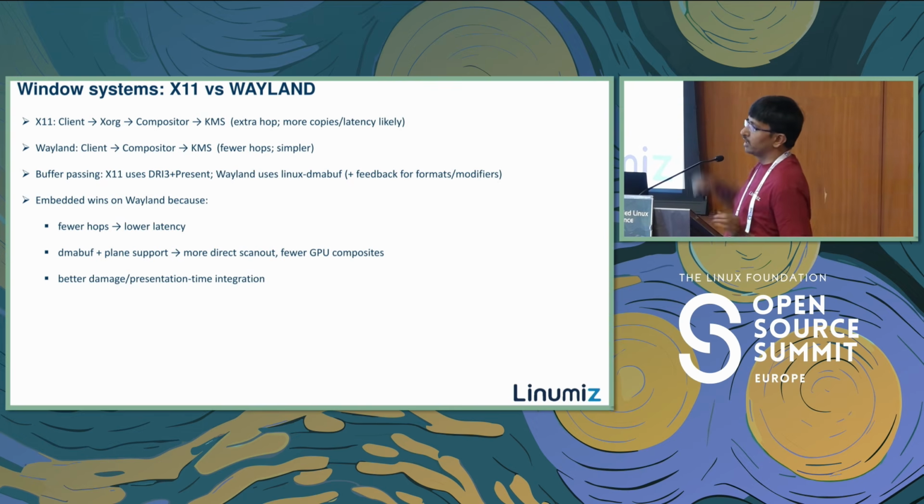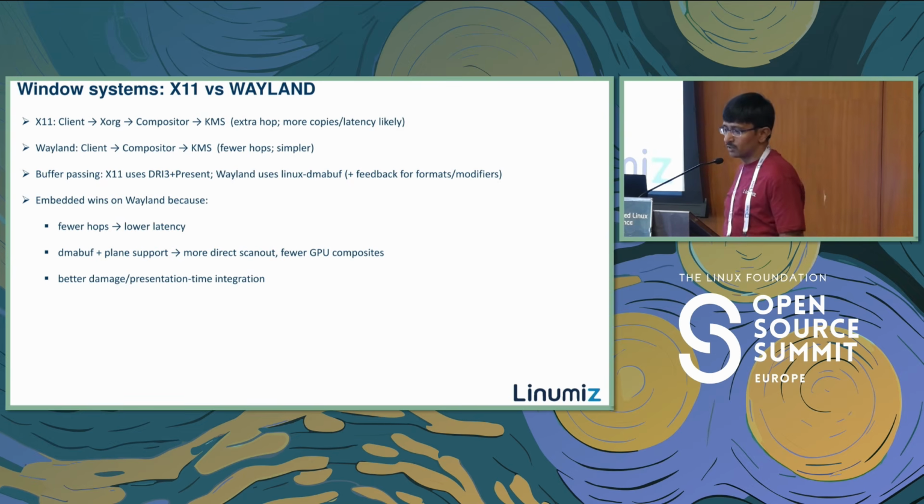With Wayland directly supporting DMA buffer handling, and there is no additional hop of the display server and then the display client, Wayland can do better in terms of one hop less to do the display. So predominantly in embedded systems, that's why we see Wayland as a reference usage, because of the low latency implemented as part of it.